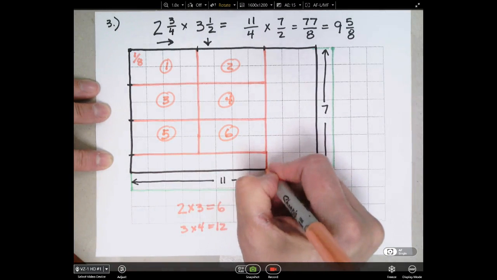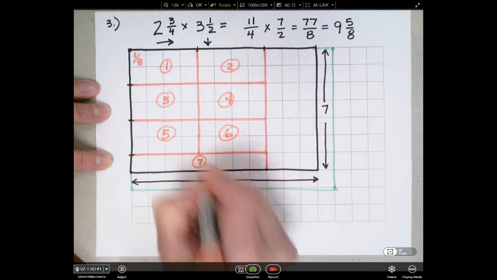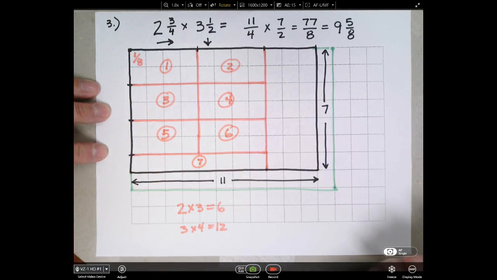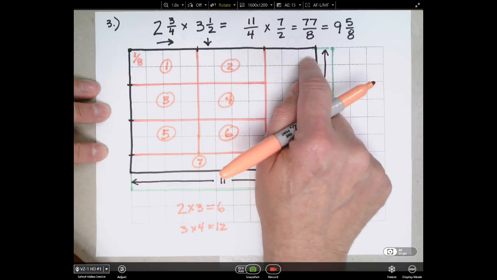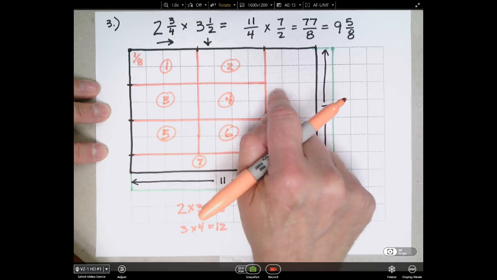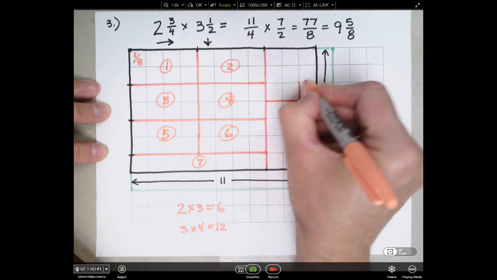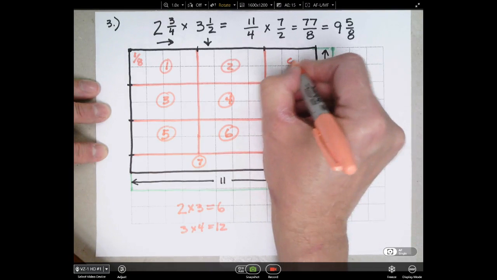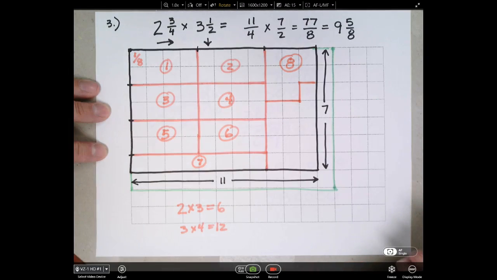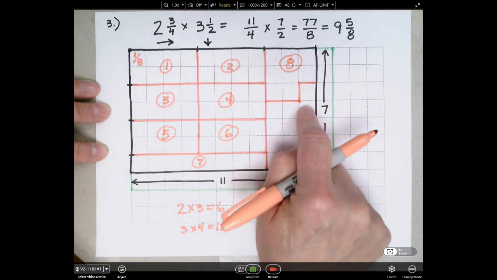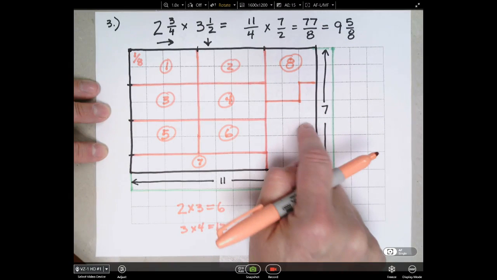There's another set of 8, so that makes 7 sets of 8. 1, 2, 3, 4, 5, 6, 7, 8. So I have to go down 2 more into the next row. So there's 8 sets of 8.